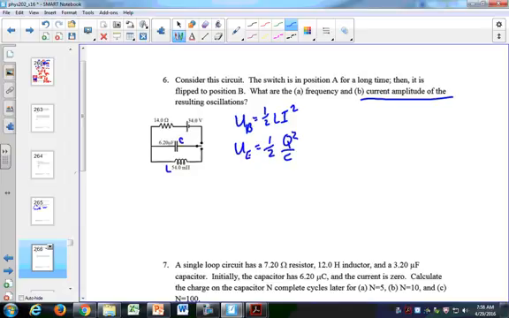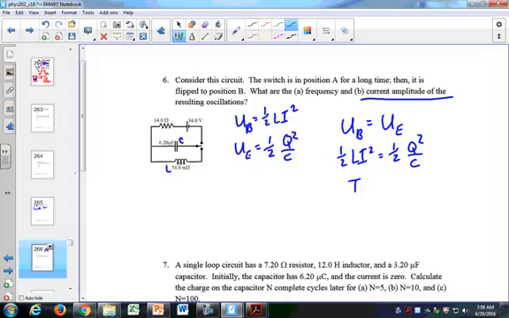So you say that my maximum magnetic energy is equal to my maximum electric field energy. So that's 1/2 Li squared equals 1/2 Q squared over C. All right, my energy trades back and forth, back and forth.